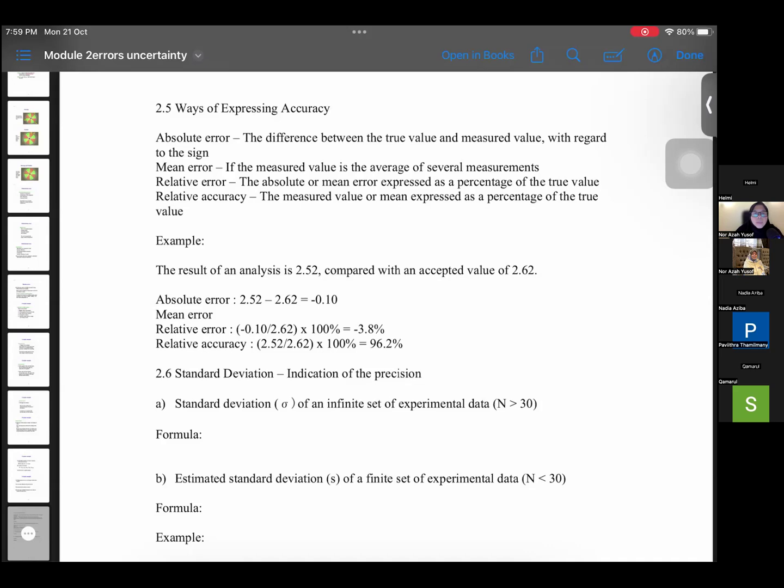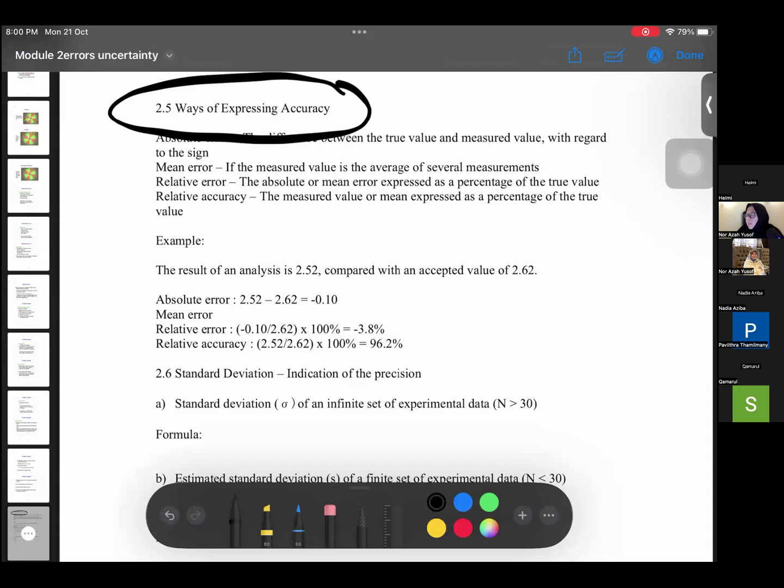So this is a detailed module on how to use the t-test and the F-test as well as the Q-test. The first one is ways of expressing accuracy: absolute error, mean error, relative accuracy.